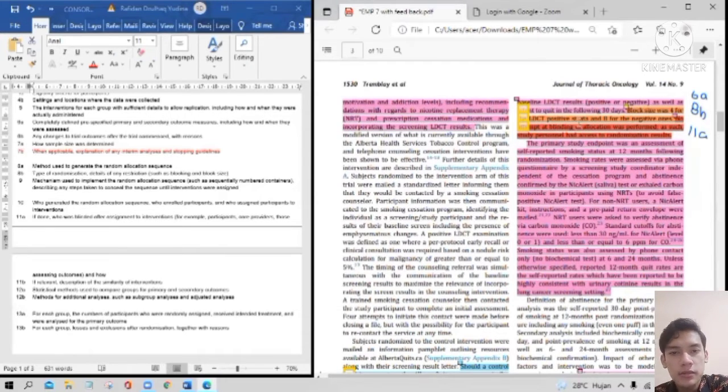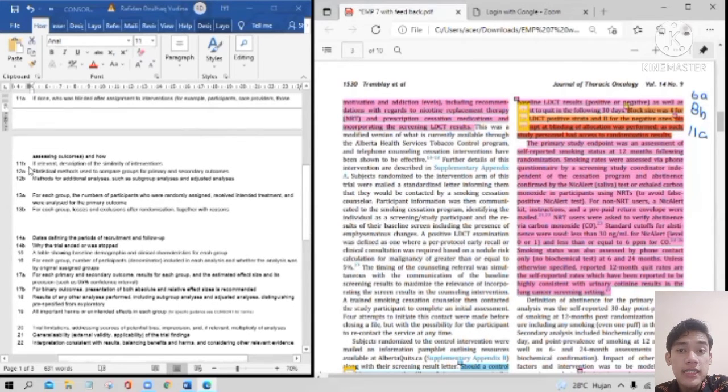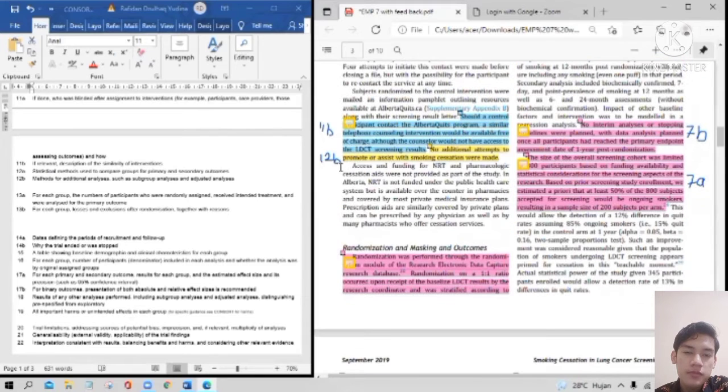Okay, it's simple. For 11B, if relevant, description of the similarity of interventions. You can see on page number 3 with blue highlight.